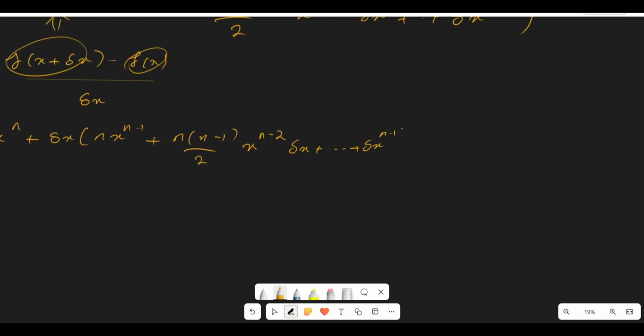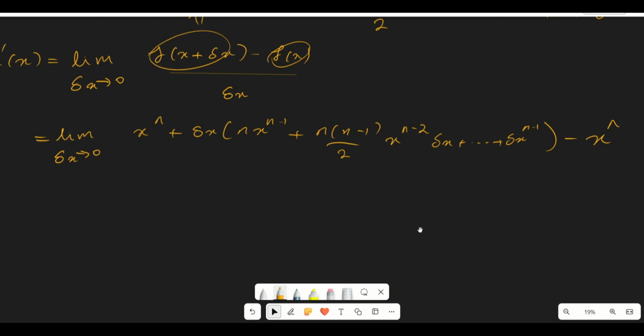And this is for f of x plus delta x, and we know f of x is just x power n, and the whole is divided by delta x. So in this term, x power n and x power n cancel out, and we have delta x from above and delta x below in the numerator and denominator, so we can cancel those out.